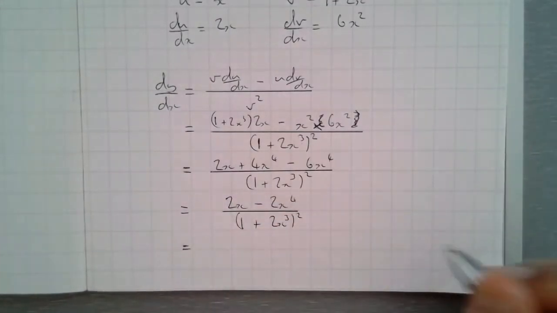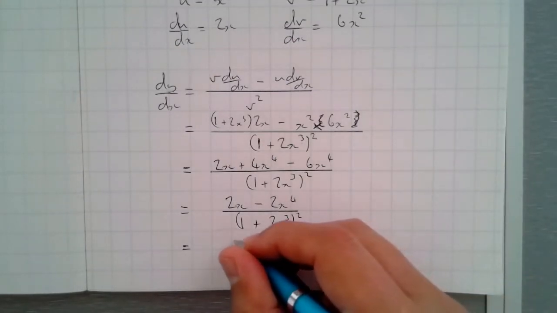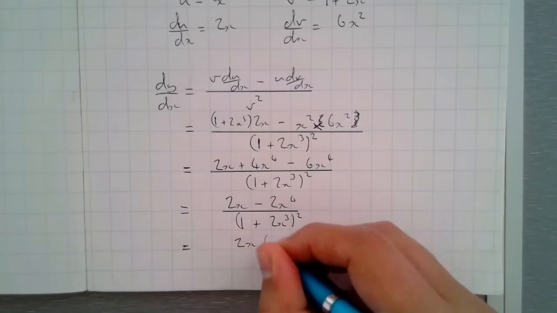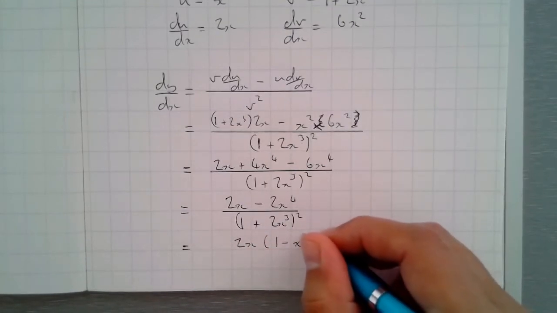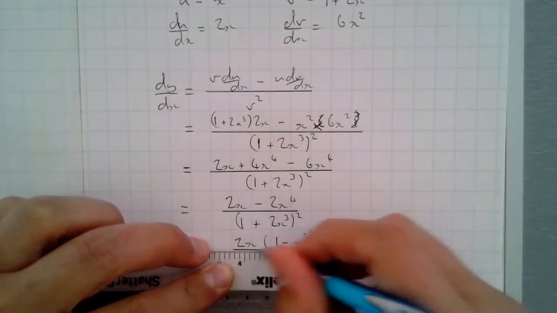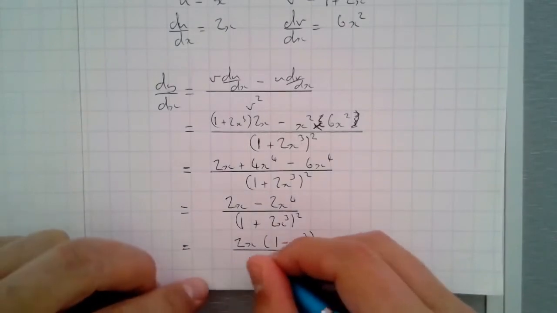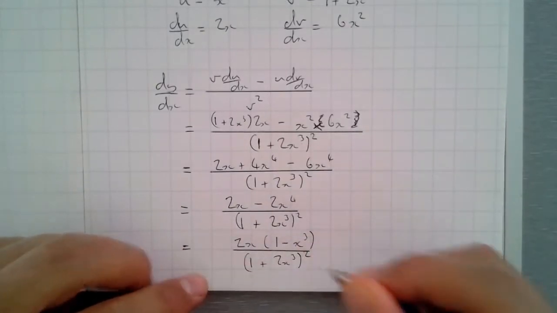In this case there isn't, so all we're going to do is just factorise the numerator as much as we can. So we can take a 2x out, and that leaves us with 1 minus x cubed, and we'll leave the denominator as it is, 1 plus 2x cubed squared.